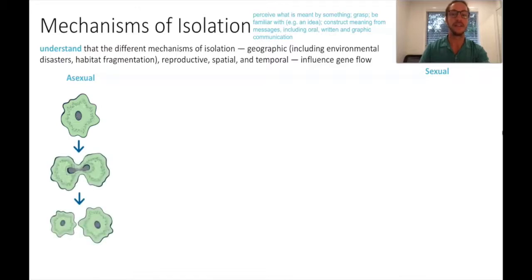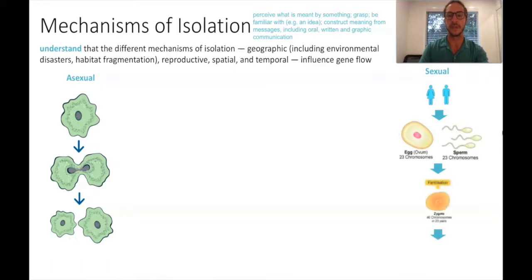And we say this has low genetic diversity. Whereas in sexual reproduction, we have two members of the same species. They reproduce with each other to produce a unique offspring. And we say this has high genetic diversity.